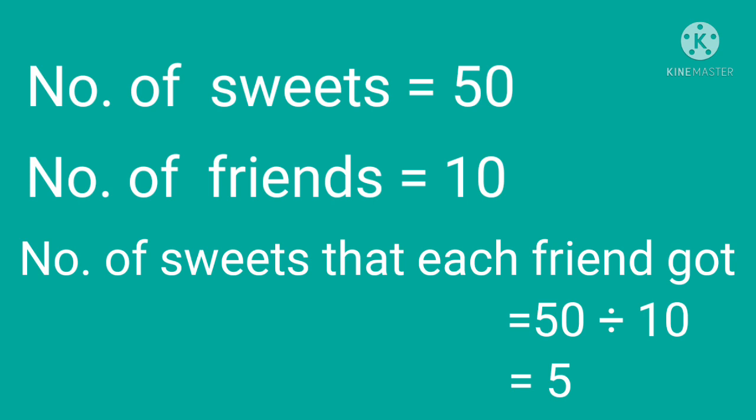Children, what does it mean? Yes, Nasir gave 5 sweets to each one. So that is how he distributed his sweets. Please do these story sums in your notebook.